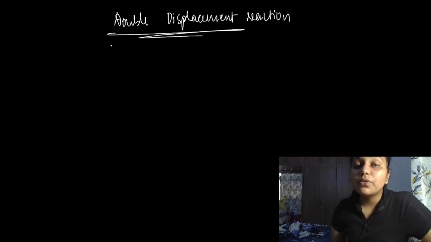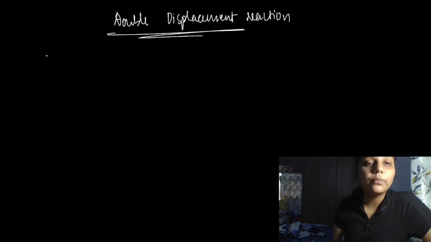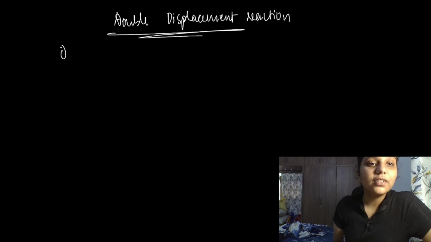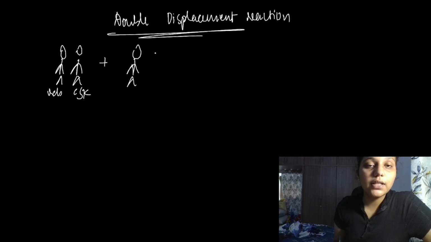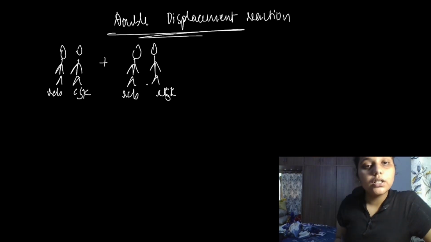So we are going to learn now double displacement. In the previous one we came to know that in a single displacement we are only displacing one particular thing. So here what we do, let me take RCB and CSK again as an example. So this is an RCB fan and this is a CSK fan. Fine. And there is another friendship which is an RCB fan and a CSK fan. Fine.